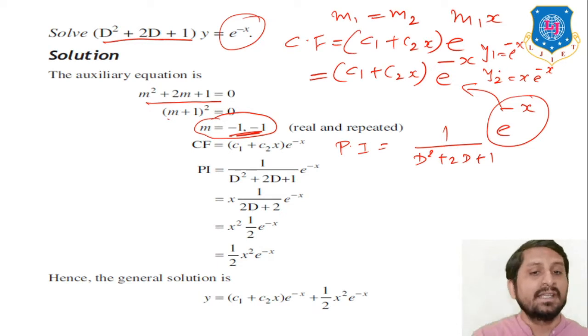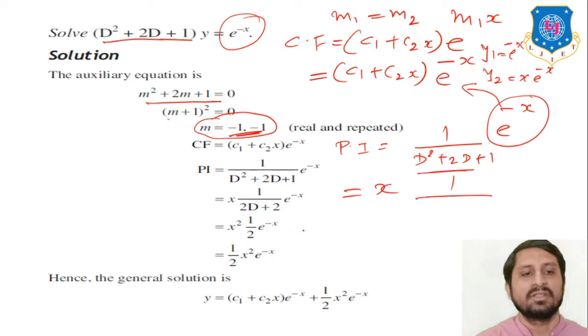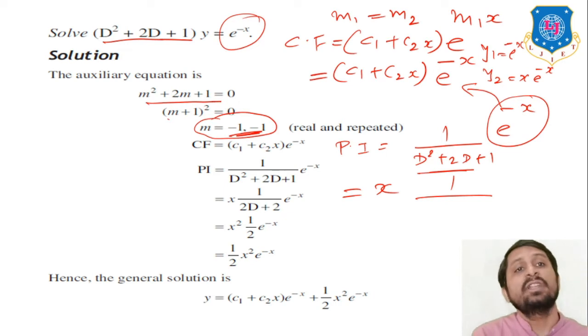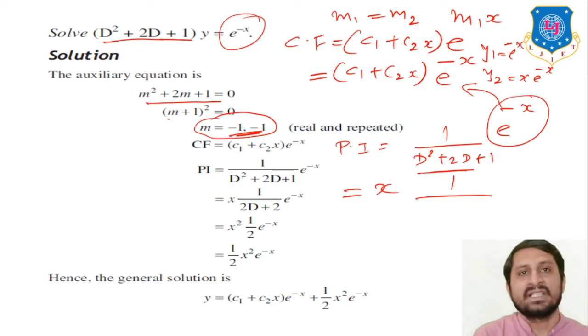So in that case we have to multiply with x and differentiate the denominator D square plus 2D plus 1. But again x into e raised to minus x is also a part of the complementary function, because that is y2.